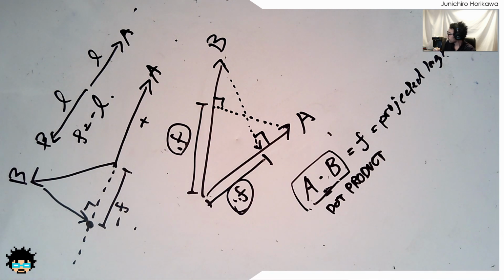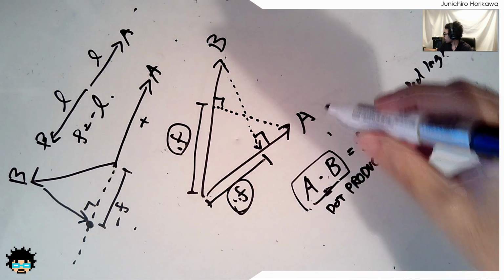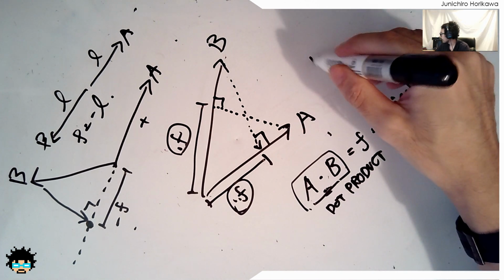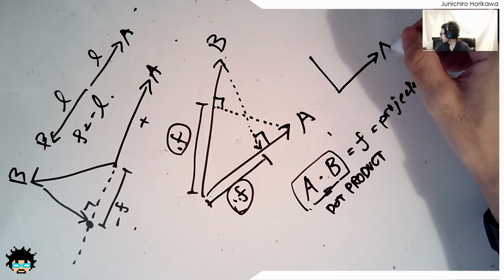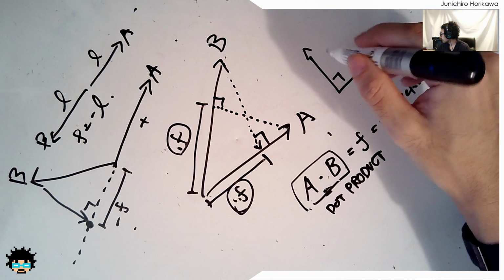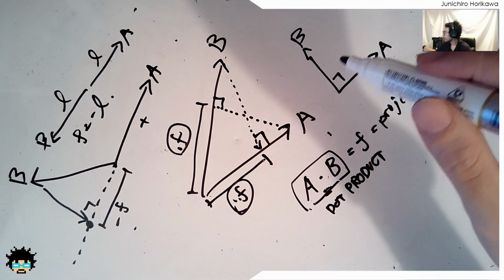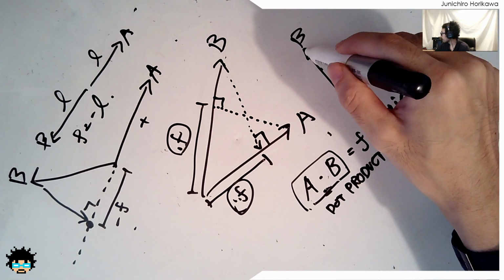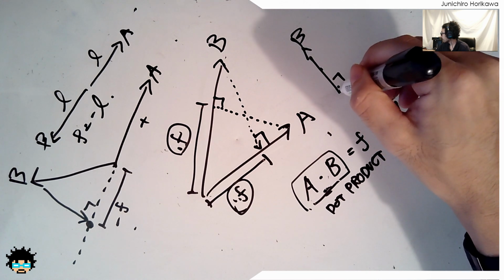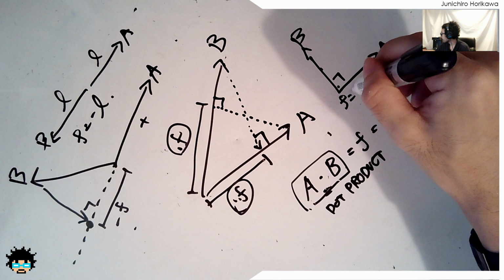Now there is one more case that you might want to remember. When A is in one direction, B is in the perpendicular direction like this. Now in this case, if you project the end point of B to A, the size of F is equal to 0.